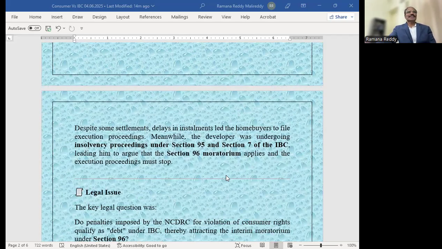Despite some settlements, delays in installments led the home buyers to file execution proceedings. Meanwhile, the developer was undergoing insolvency proceedings under Section 95 and under Section 7 of the IBC, leading him to argue that the Section 96 moratorium applies and the execution proceedings must be stopped.